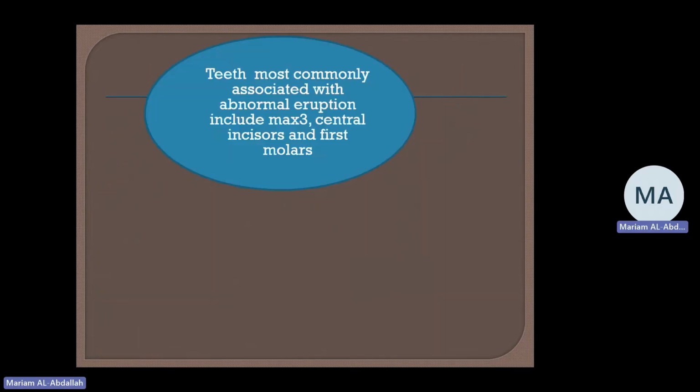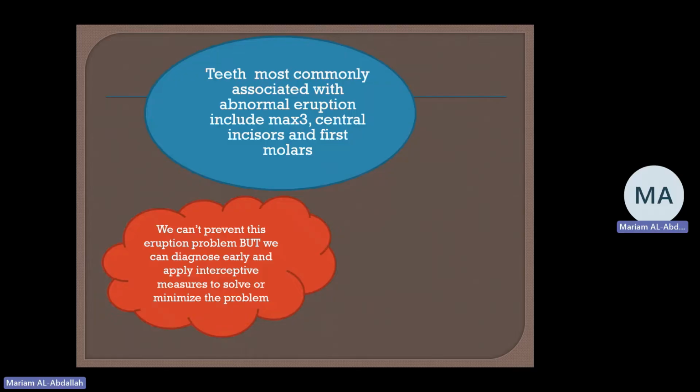So we will move on to which teeth are most commonly affected by delayed eruption or failure of eruption. Most commonly, the maxillary canine, followed by the central incisors, and finally, the first permanent molars.